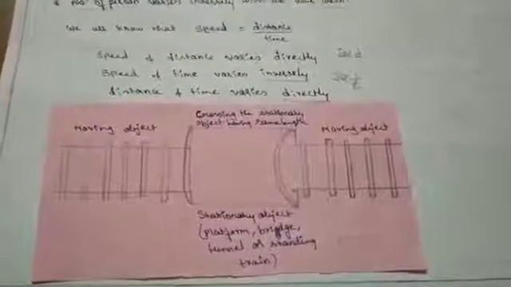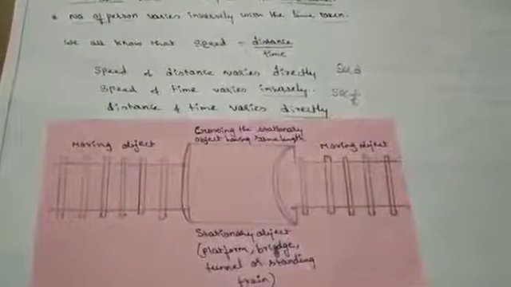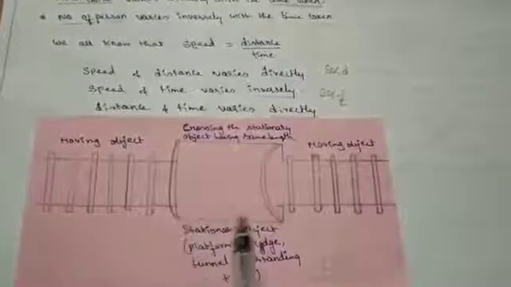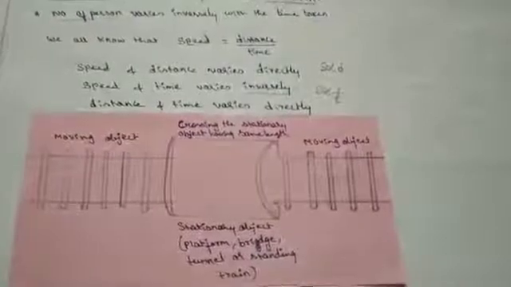And also we discussed the moving object crossing a tunnel or a platform or a standing train or a bridge. At that time we need to add the length of a platform, length of a bridge, length of a tunnel or length of a standing train to the moving object length. That becomes the total distance.